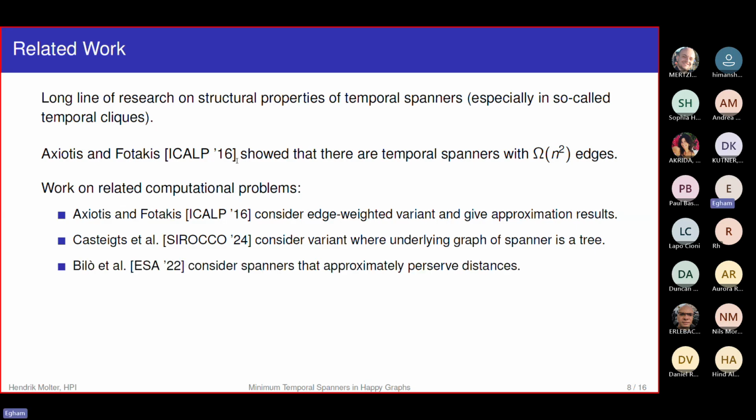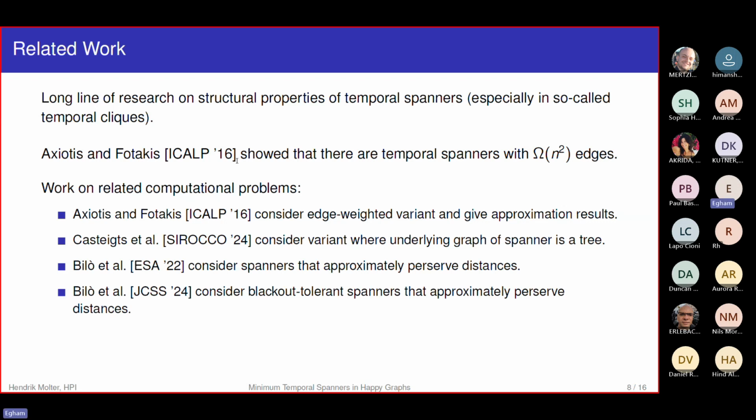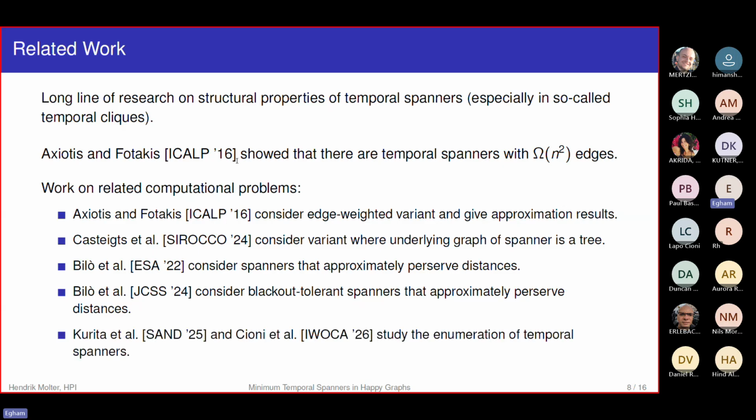There's also a lot of work on spanners that approximately preserve distances, and also spanners that are, on top of that, tolerant to blackout, which means, if I remember correctly, that single snapshots can deactivate, and after that you still would like to have connectivity. And as we have also seen in a previous session, there's a lot of work on the enumeration of temporal spanners. Okay, but now let's get to the results of our work.